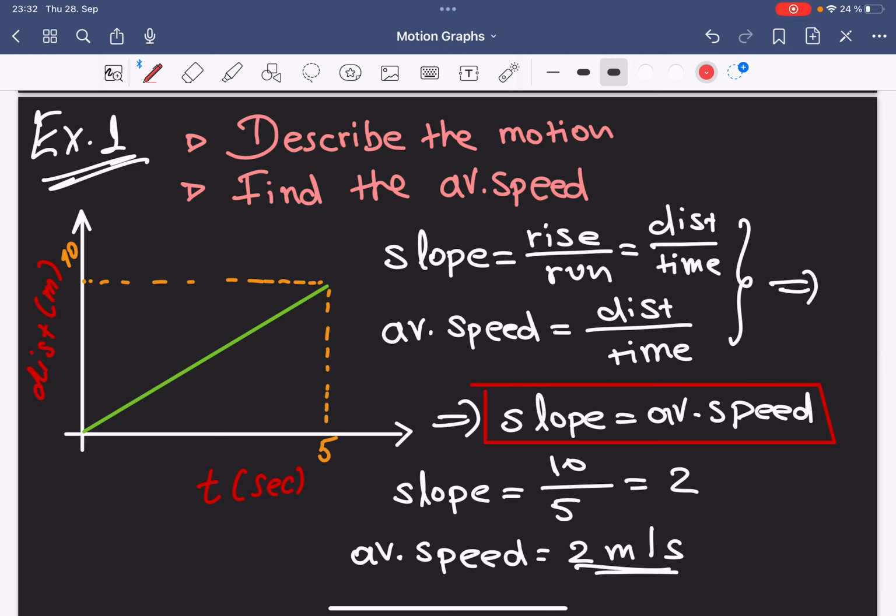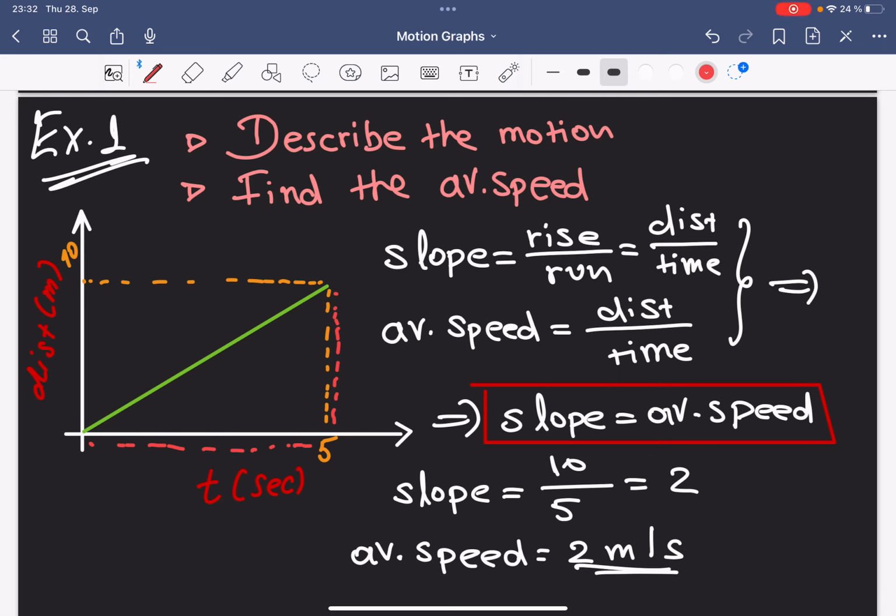Now, if we find the slope of this line, which we define in math as rise over run, the rise happens to be this length, which is equal to distance, and the run is going to be this length, which happens to be time. So distance over time from our graph is equal to the slope.